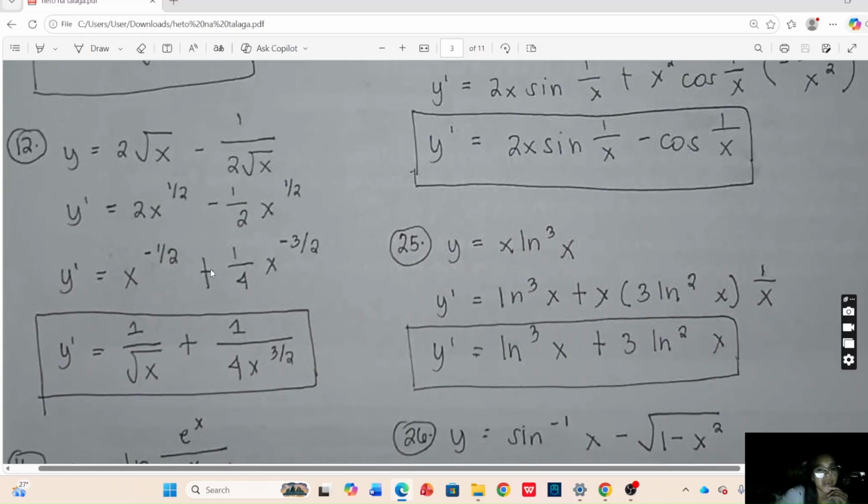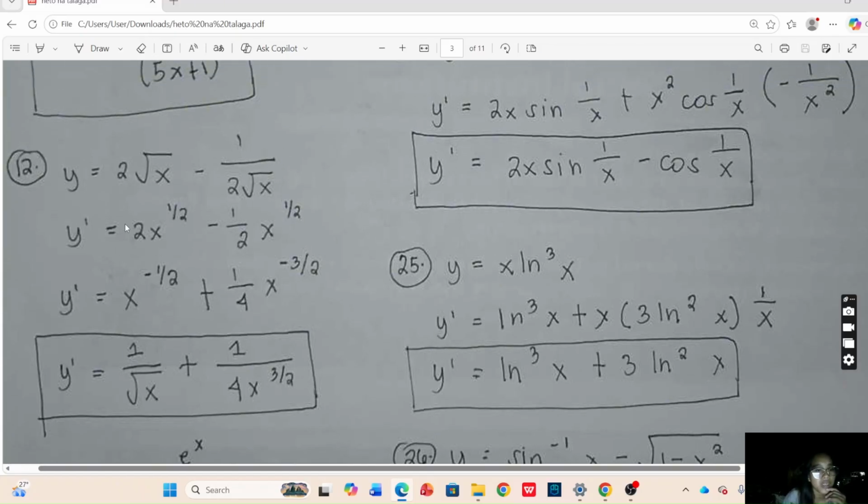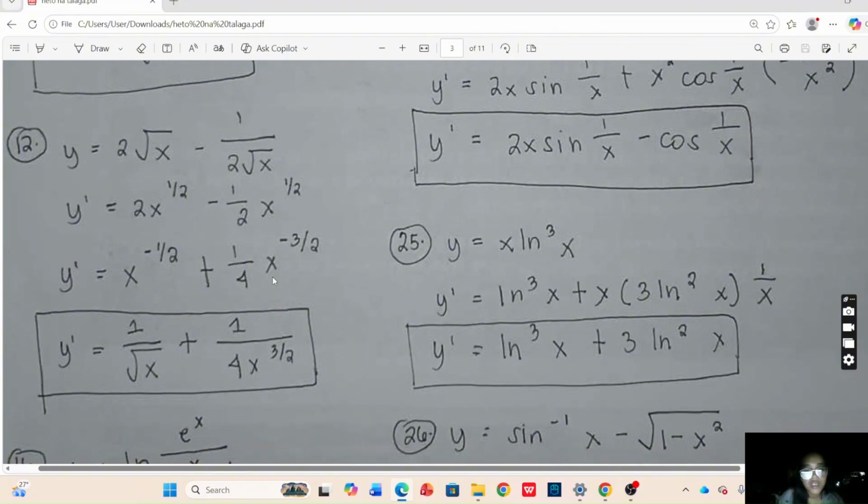Let's have our number 12. That would be y is equal to 2 times the square root of x minus 1 over 2 times the square root of x. We should rewrite it using exponents. So y is equal to 2x raised to 1/2 minus 1/2 x raised to 1/2.